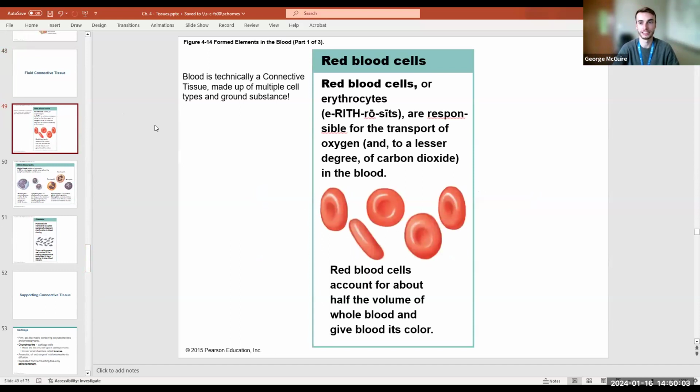And so we have a few different cell types. Obviously, the matrix, the ground substance, is what's taking up a lot of the space in our fluid connective tissue. It's a lot more fluid, very little fiber in the matrix of these tissues. And so we have these cells traveling through that fluid.